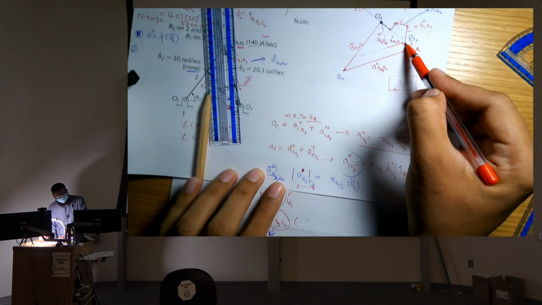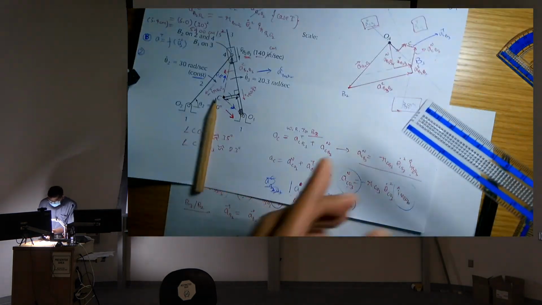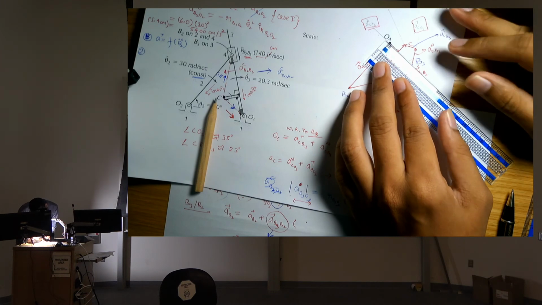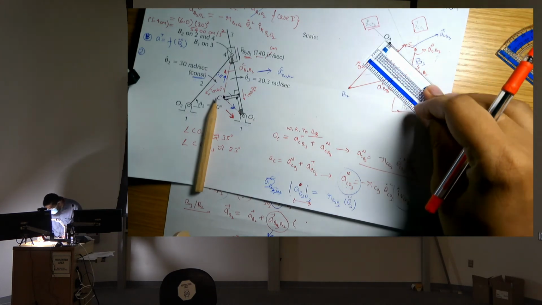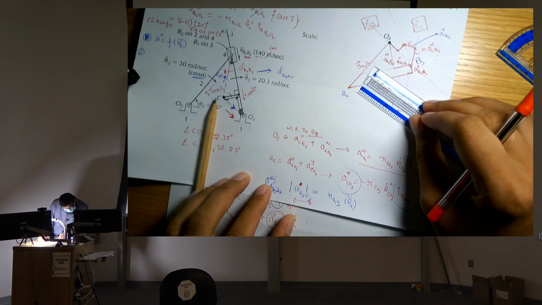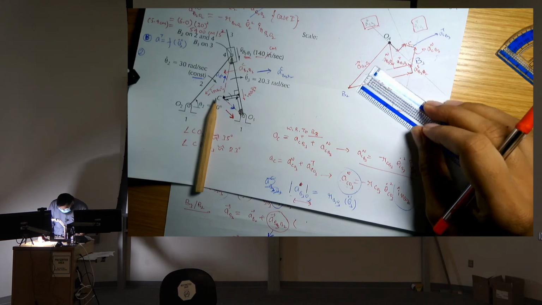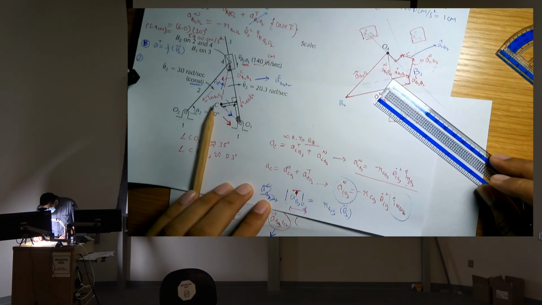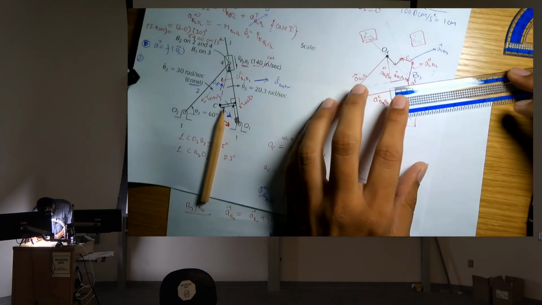We have B3 here, so if you measure B3, sorry, this is the tangential component of B3O3.